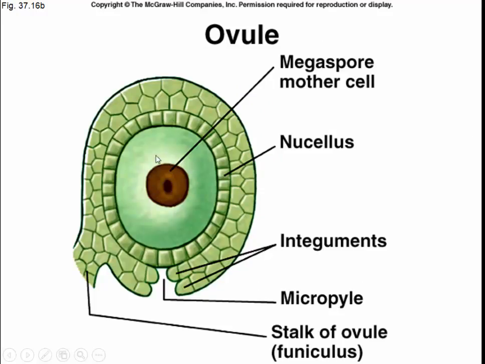And here we see the ovule with the megaspore mother cell that will undergo meiosis to produce a primary megaspore that then will go on to develop through mitosis to produce an embryo sac of 7 to 8 cells.